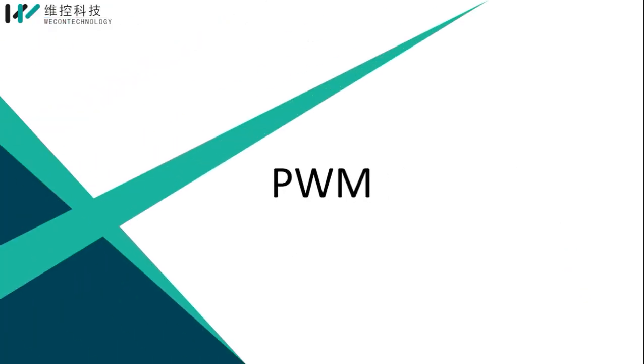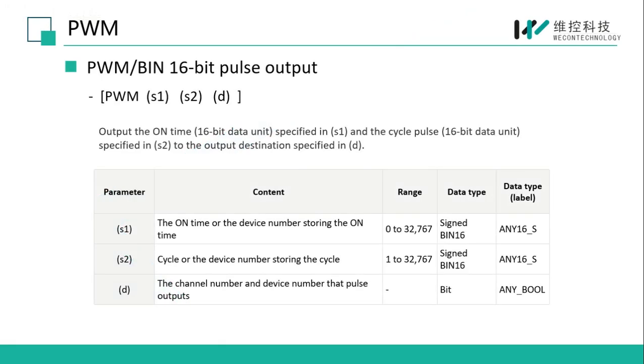Okay, let's move to the PWM instructions. The PWM instruction is used to output and set the on time in a specific cycle. You can see the 3 parameters. The first parameter is the on time, the second parameter is for the cycle, and the third is the output device, the terminal.